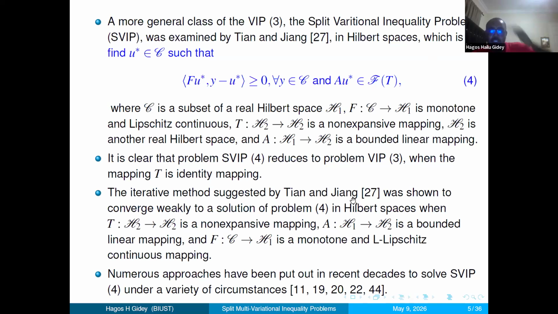Tian and Jiang used a nonexpansive mapping for T, A a linear mapping, and F monotone and Lipschitz. The algorithm they proposed converges weakly to the solution; it is not strongly convergent.